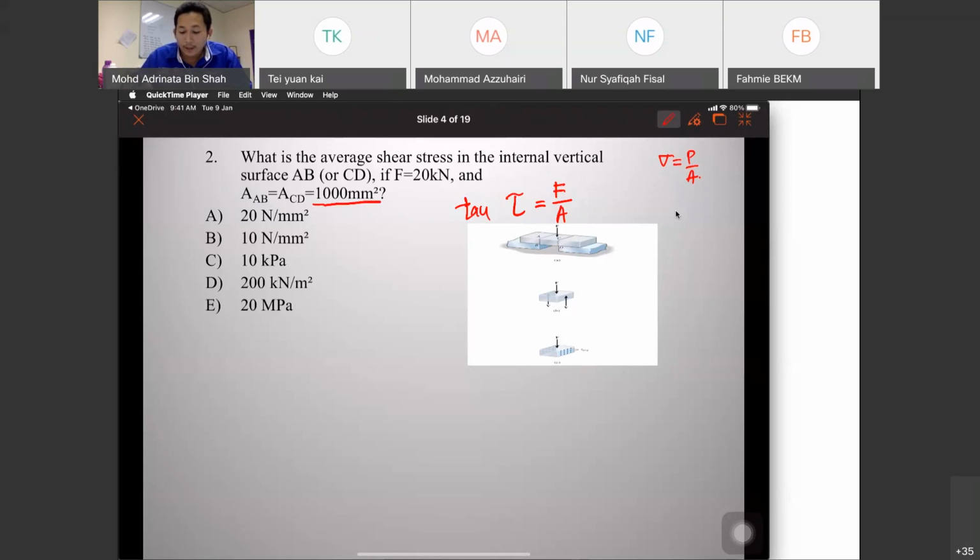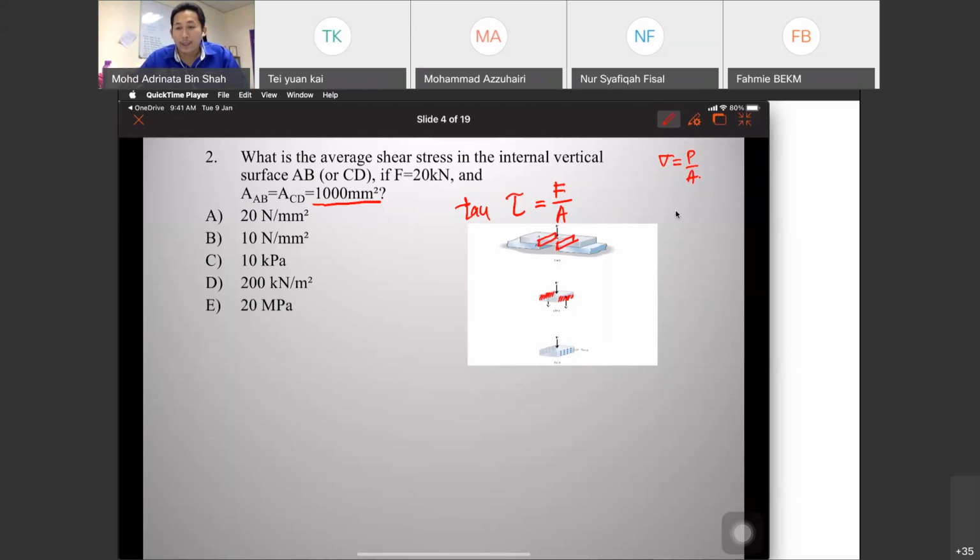Okay, ini area adalah AAB ni, sama dengan ACD. So kalau kita potong, inilah area dia dan sebelah belakang ni area dia. Sebelah belakang, so permukaan tu adalah dia punya area. So area dia adalah 1000 kilonewton.